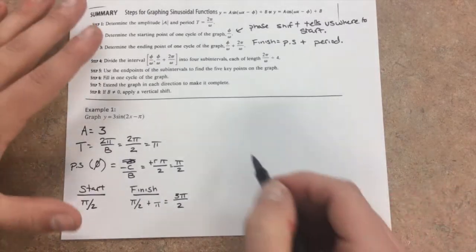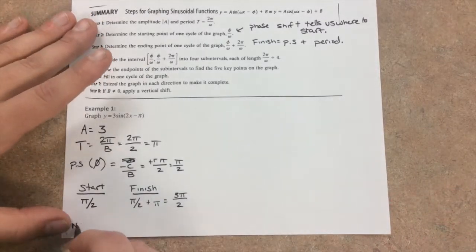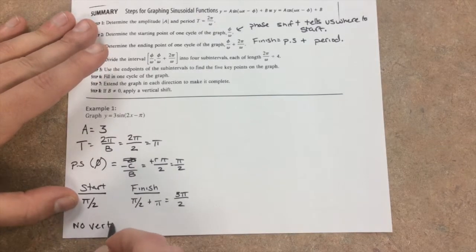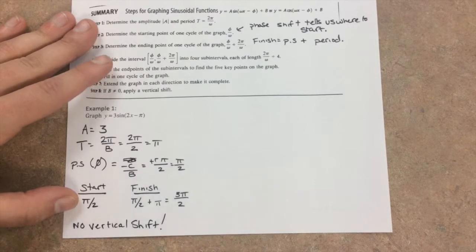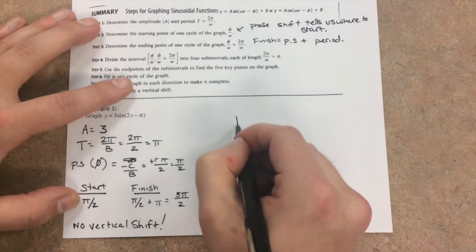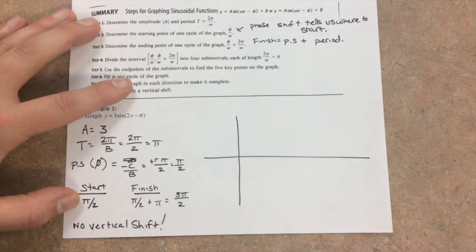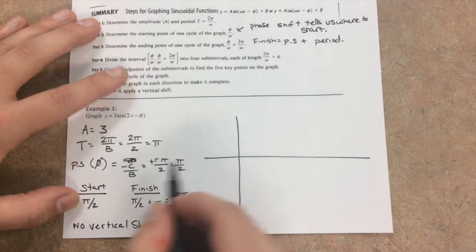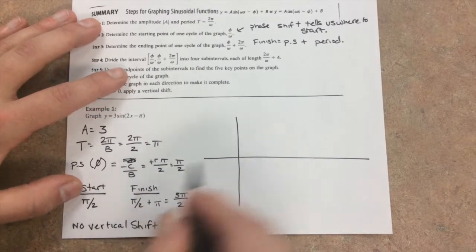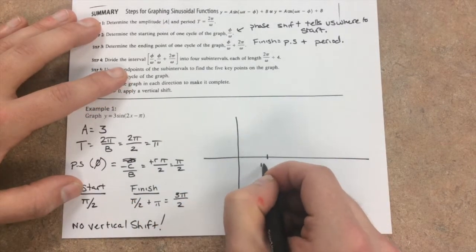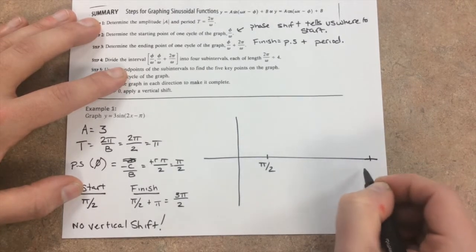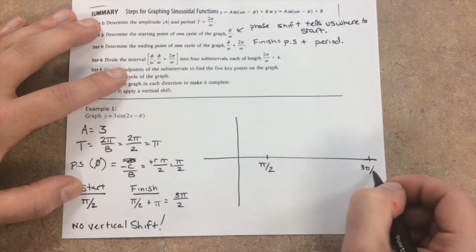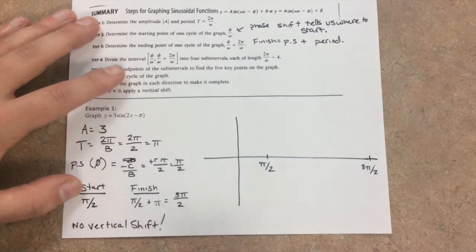We have everything now that we need because there's no vertical shift, which is nice. Okay. So we go to our start, which is pi over 2. We go to our finish, which is 3 pi over 2, because we calculated that.